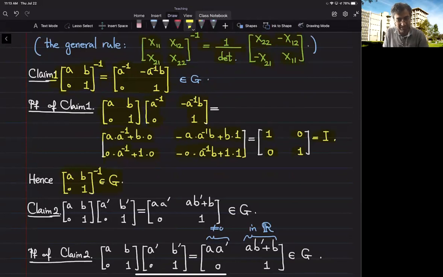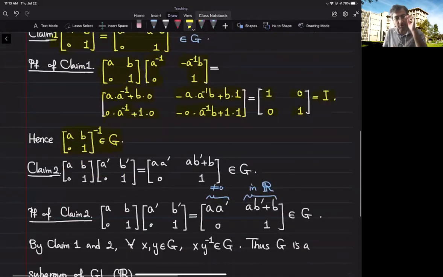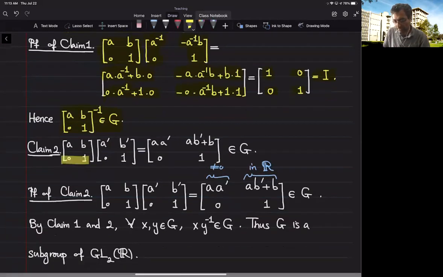Next, I'm going to argue that the set G is closed under multiplication. So if I give you two elements inside this set, as I multiply them, let's see what we get. I multiply this by this. I end up getting A times A prime plus B times 0. B times 0 is 0, so I end up getting A times A prime.